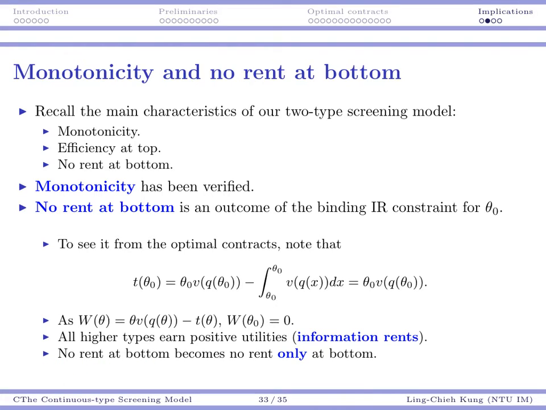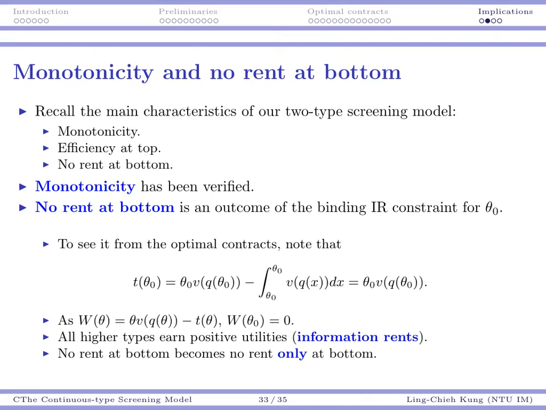But again, now we actually learned some more things. No rent at bottom becomes no rent only at bottom. When you have two types, you don't really know what happens when it is generalized to more than two types. Will we always have no rent only at bottom, or will we have no rent for more than one type, right?